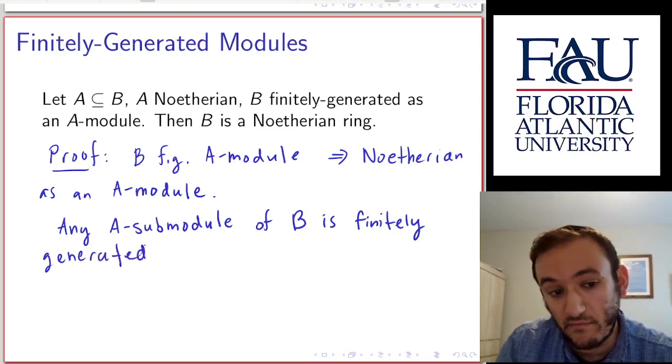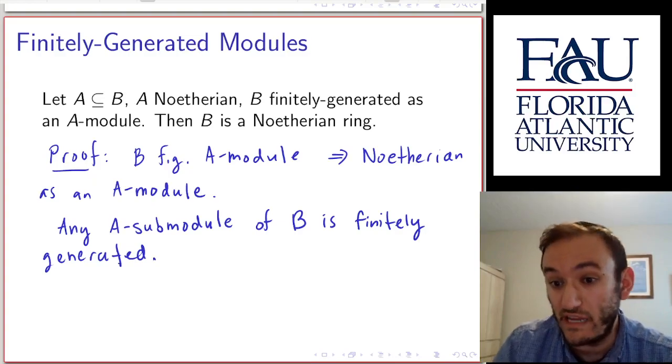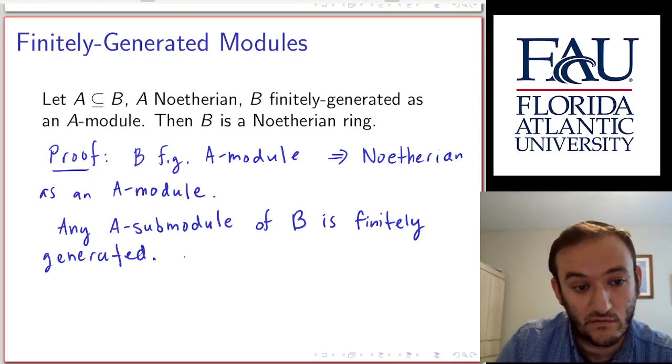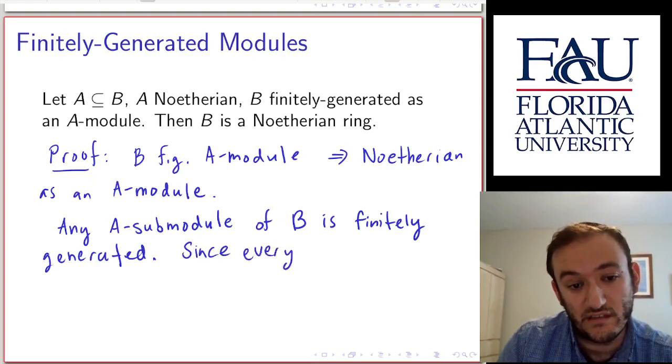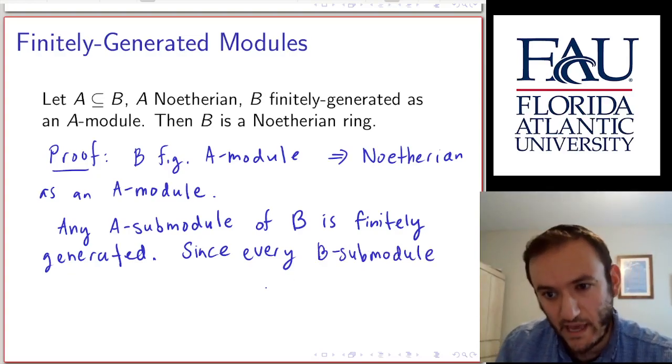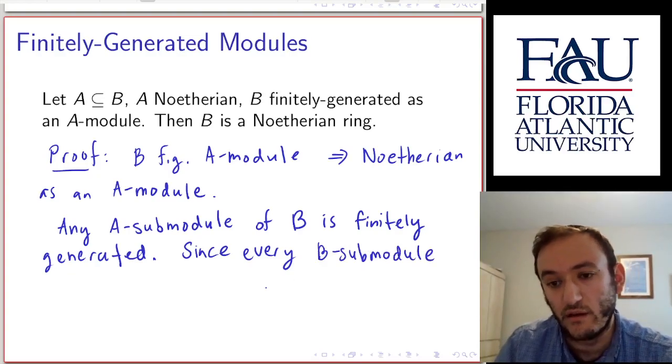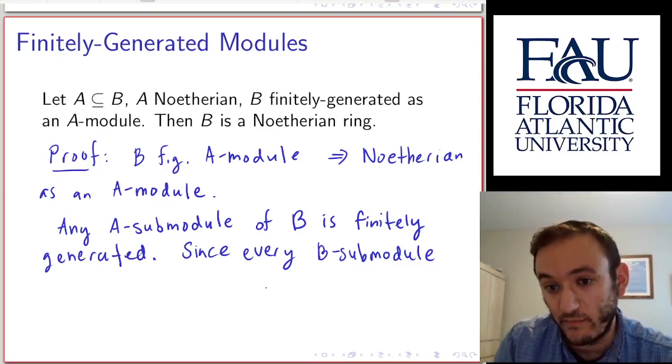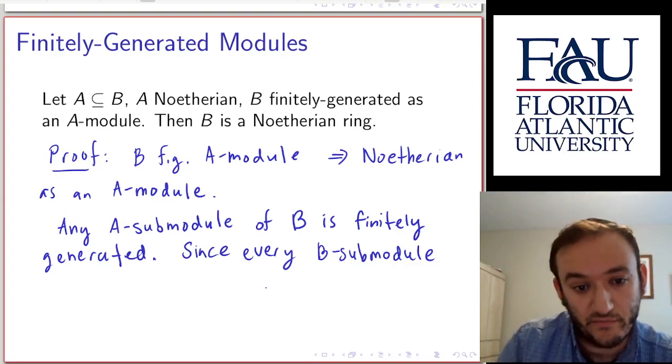But any B submodule of B is also an A submodule of B. Okay, and when we say A submodule or B submodule, we're talking about subgroups that are preserved under multiplication by elements of A or B, respectively.